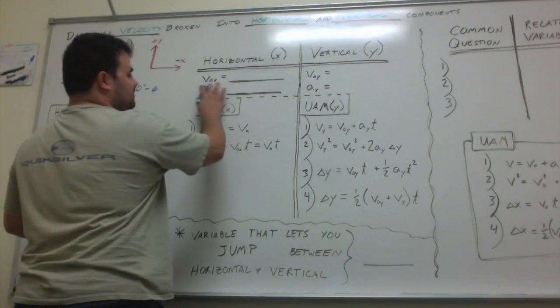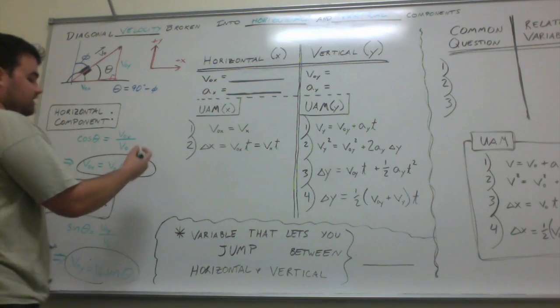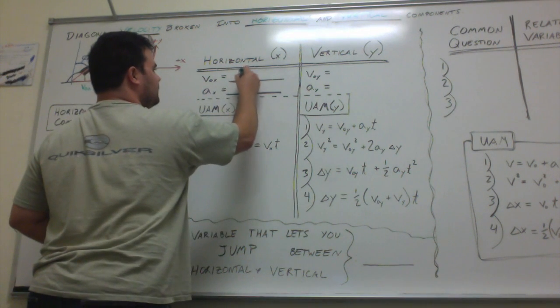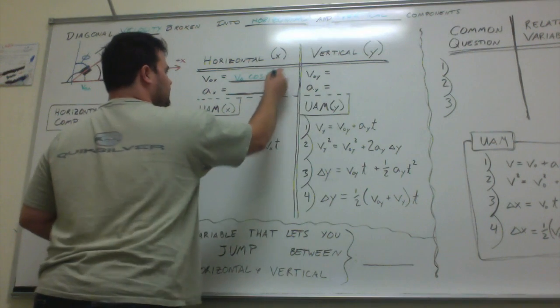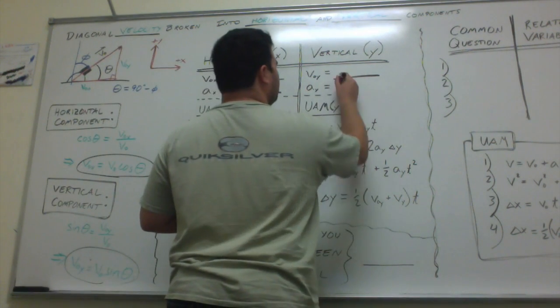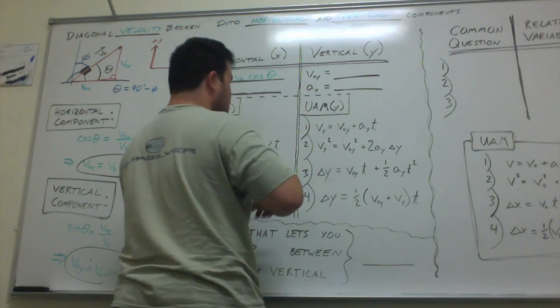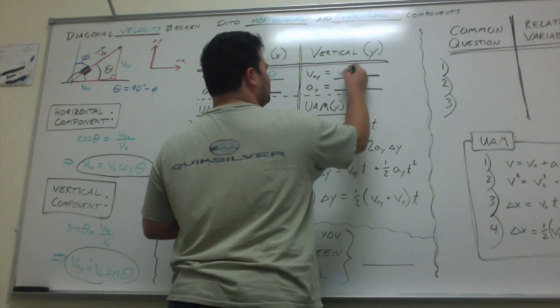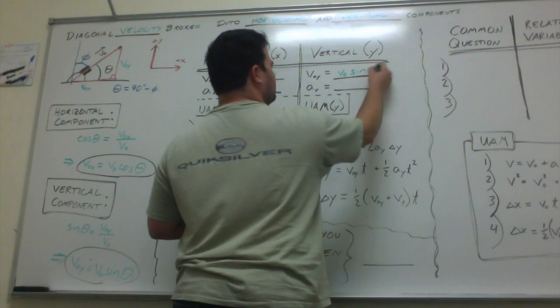Okay, so here I have v naught x, that was v naught cosine theta, and my v naught y is v naught sine theta.